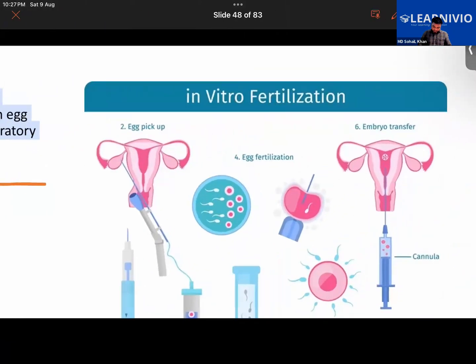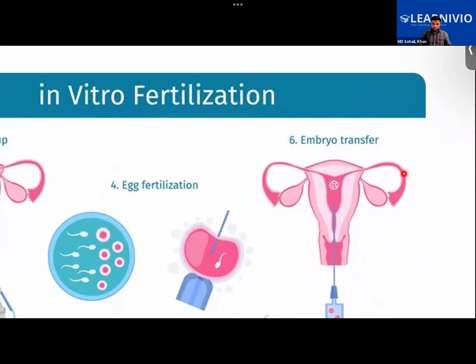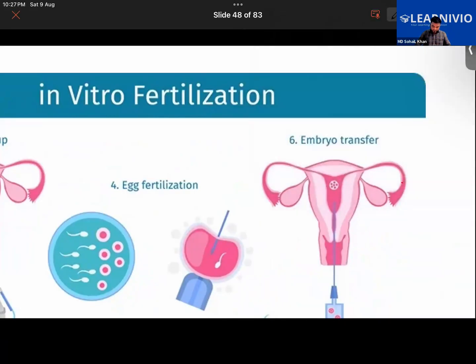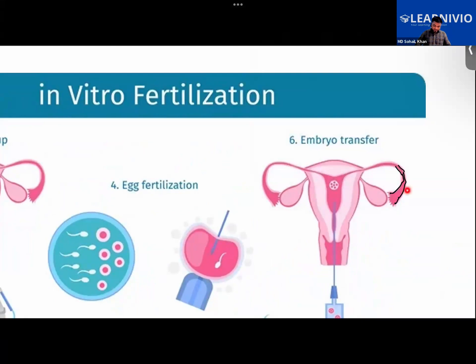Suppose this fallopian tube is blocked from here. Will fertilization be possible? If the fallopian tube in a female is blocked, it won't be possible. Since the ovum cannot pass further from here, even if the sperm were to reach here, there is no ovum, so fertilization cannot occur.